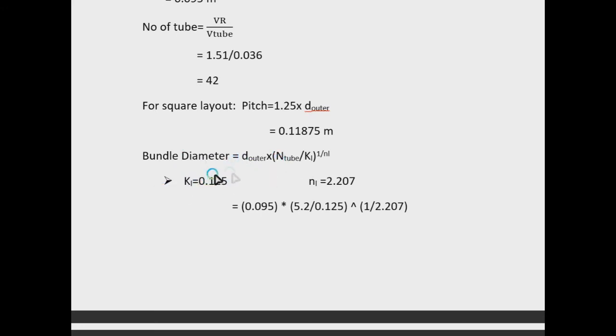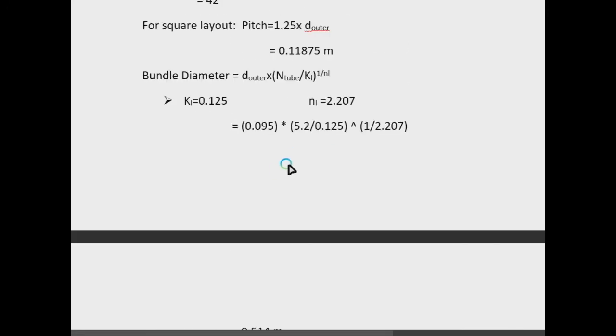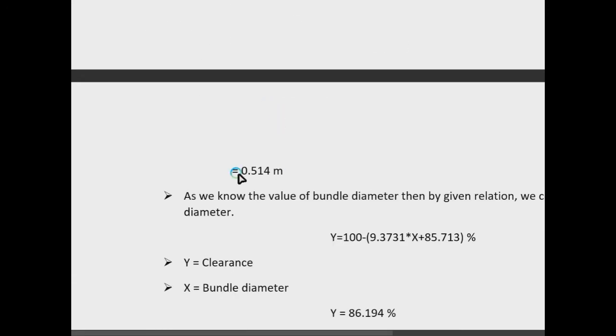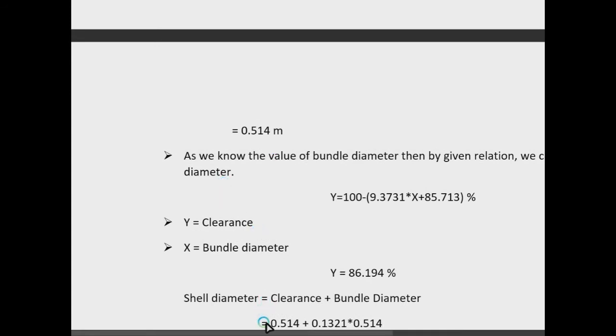Here KL is equal to 0.125. NL is also another constant. By putting all the values from the literature or calculated above into this formula, you can get the bundle diameter, which is the diameter outside all the tubes packed inside the reactor.